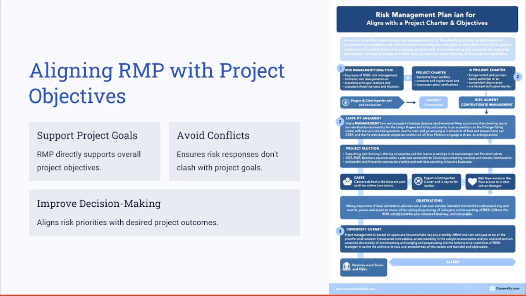How do you ensure the alignment of the risk management plan with the project objectives? Aligning the risk management plan with the project objectives is vital to ensure that the risk responses and strategies support the achievement of the project objectives. By doing so, the team ensures that the risks are managed in a way that does not conflict with the project goals, but instead allows for proactive handling of potential issues.